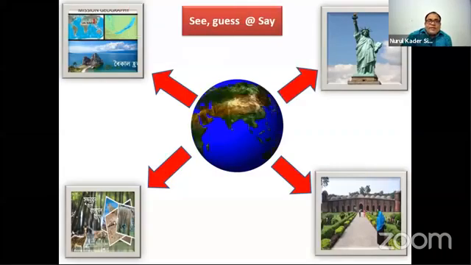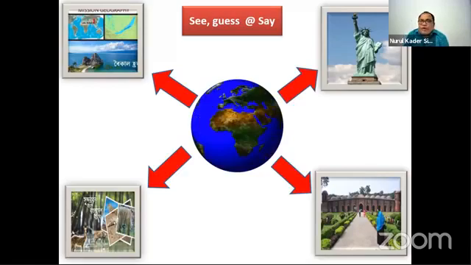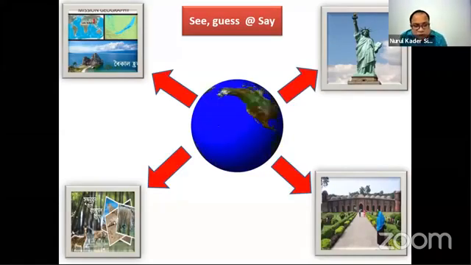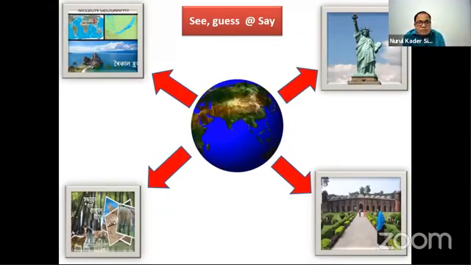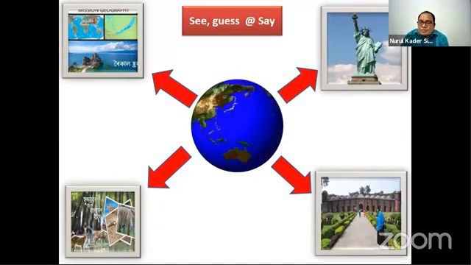See, guess and say. We have already seen, guessed and said. First one is Boikal Lake, second one is our World Heritage Sundarban, third one is our Shat Gombuj Mosque, and fourth one is our discussing topic today, the Statue of Liberty.